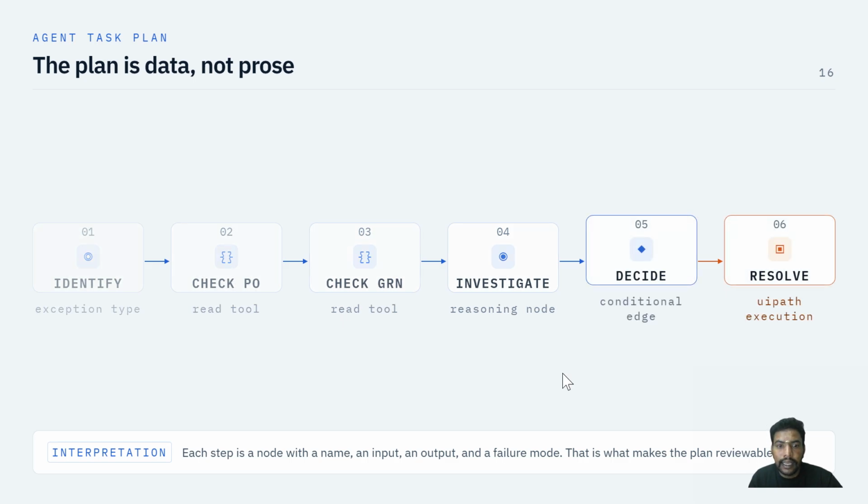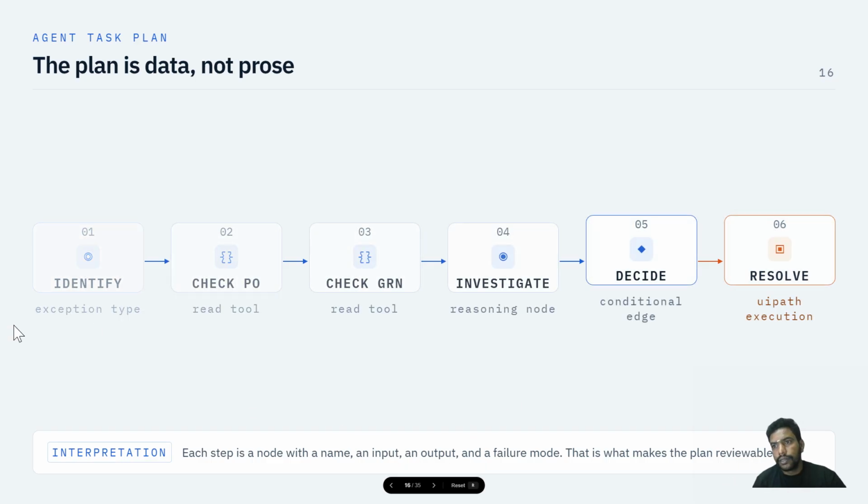You can see that step 3 failed and retry only step 3, and carry the rest of the state forward untouched.